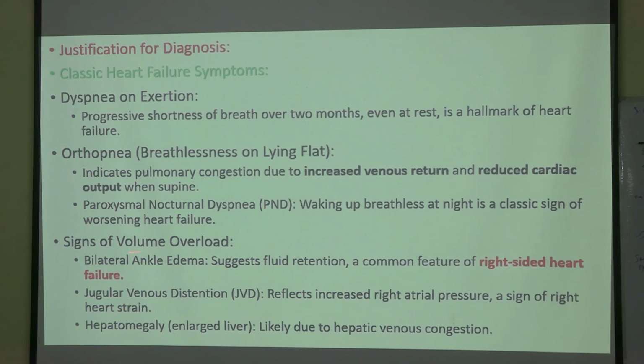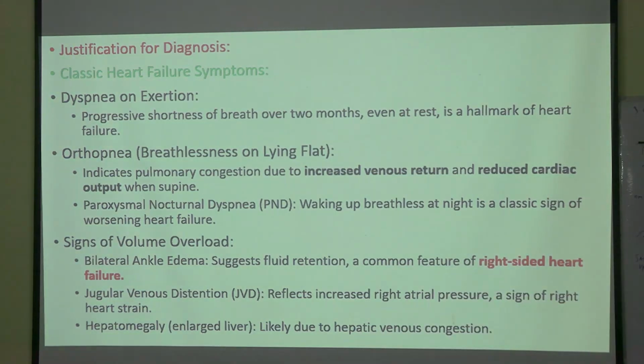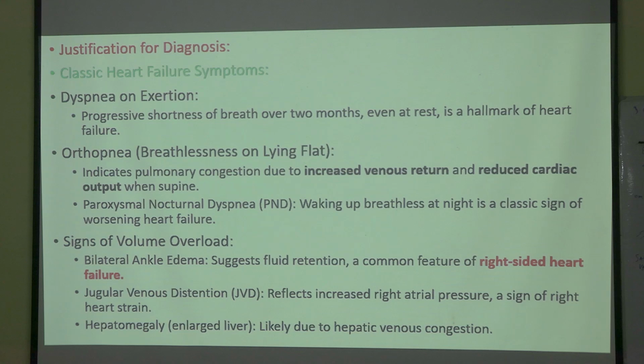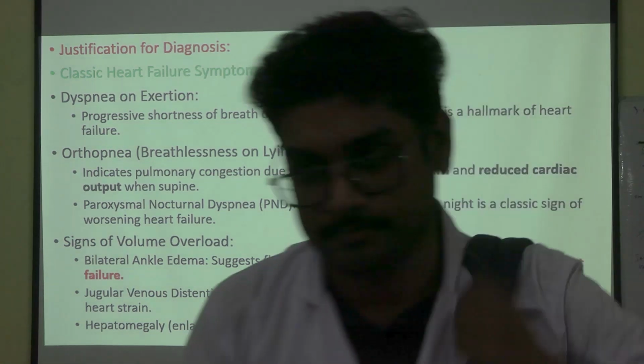Now, other than this, volume overload is another important justification for the diagnosis of the disease. So you can see here, ankle edema. This is also given in the case. During bilateral ankle edema, there is a retention of fluid, right?